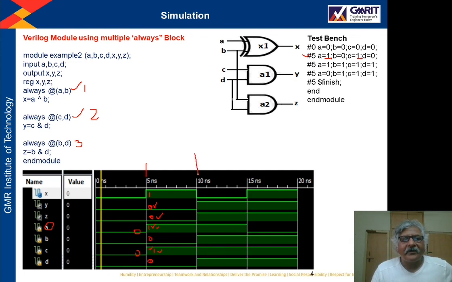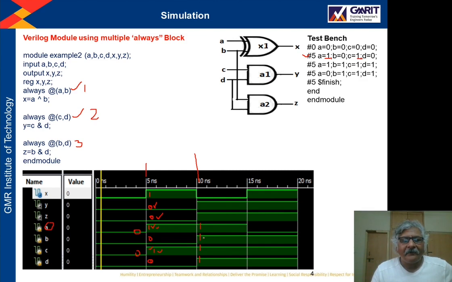Now you see at 10 ns. At 10 ns, the value of A is the same, 1. The value of B has become 1 now, the value of C is 1 and the value of D is 1.